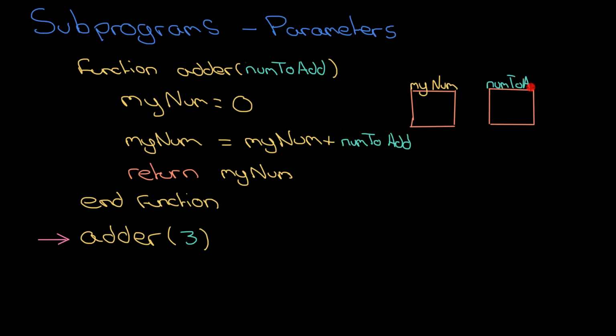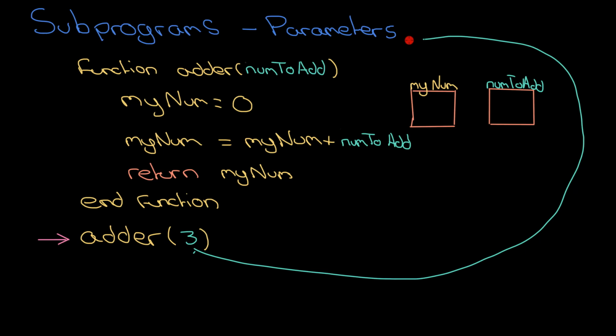Our first line of code is the same as before. It's down here and I call the function adder3. Now that number 3 gets put into num2add. You see that? Because it's in the brackets here and it's in the brackets here. So that 3 value gets put into num2add.